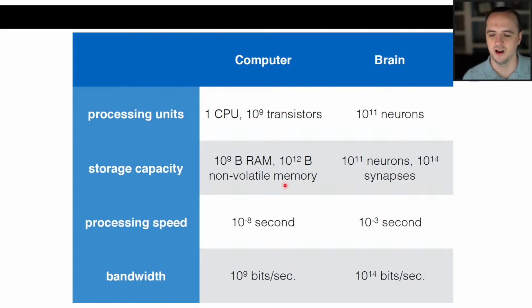Storage capacity, a computer has on the order of gigabytes of RAM and let's say terabytes or even petabytes of non-volatile or disk memory. The brain, on the other hand, has a bunch of neurons and a bunch of synapses between those neurons. And so in terms of hardware, the brain has a lot of synapses between its many neurons, okay?